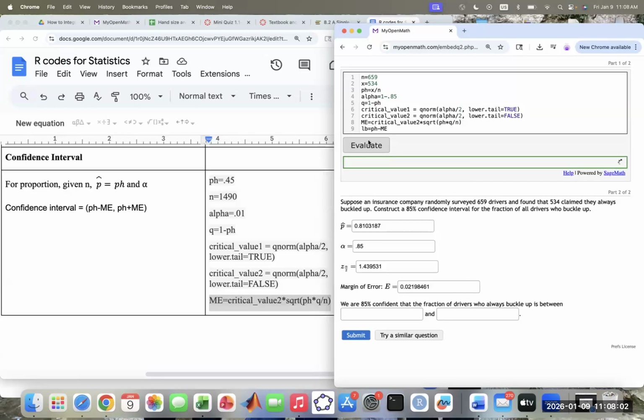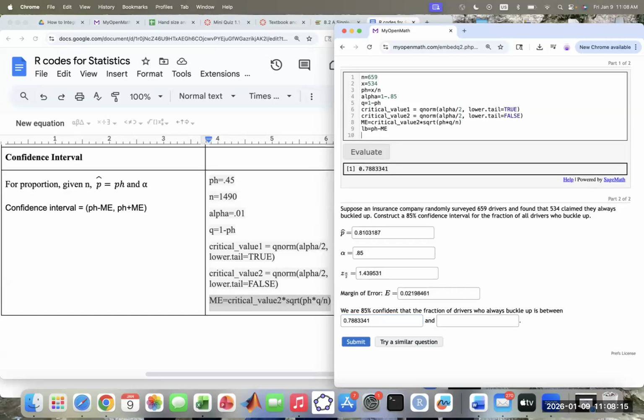This is what I have for the lower percentage. And then the upper bound will be equal to p hat plus margin of error. You evaluate, and you have your value right here. You put it in here.